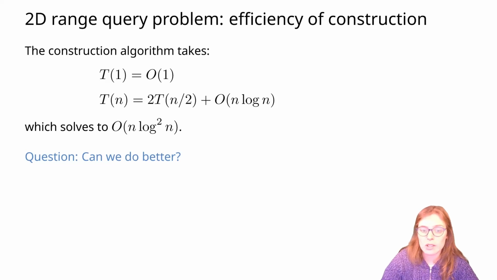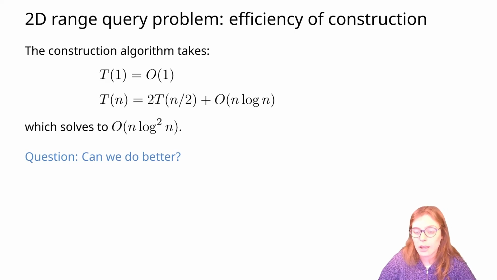The question that we always ask is, can we do better? Let's think how we can optimize this construction algorithm. Well, the bottleneck here is the creation of the associated data structures that take big O of n log n. This is because we need to sort the points by y-coordinate each time we create a data structure.